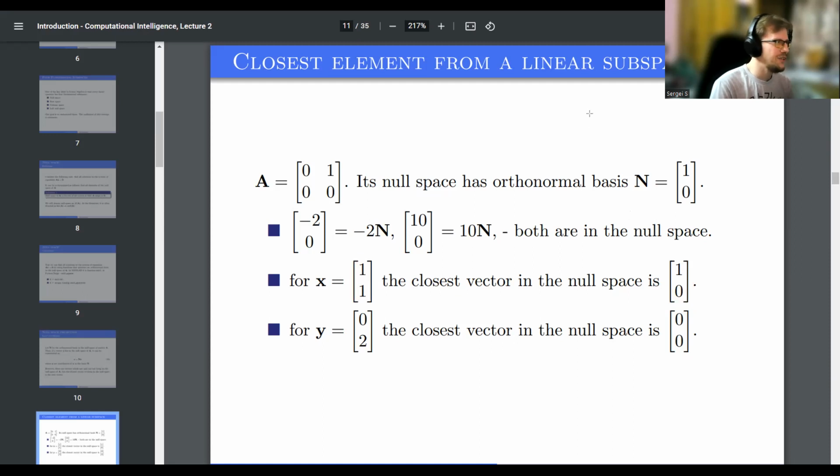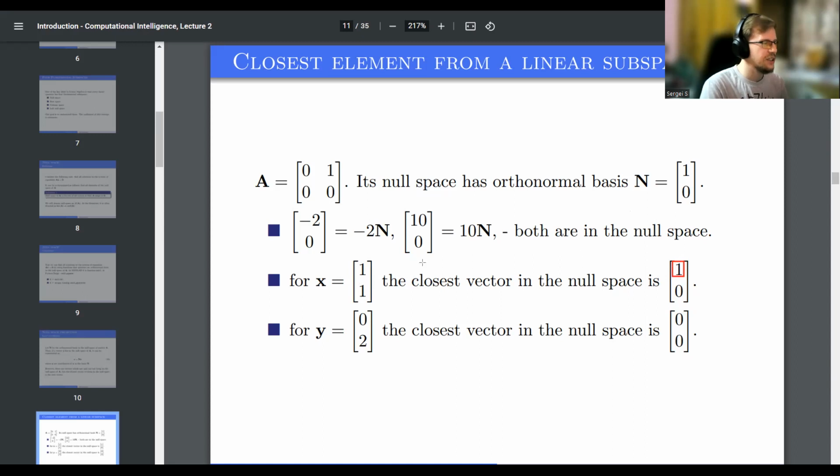You can prove that it is the closest element by saying, okay, if I increase this guy a little bit, it would still be in the null space, so nothing will change, but it will be further away from this vector. If I decrease it a little bit, it will be again further away from this vector. Why?